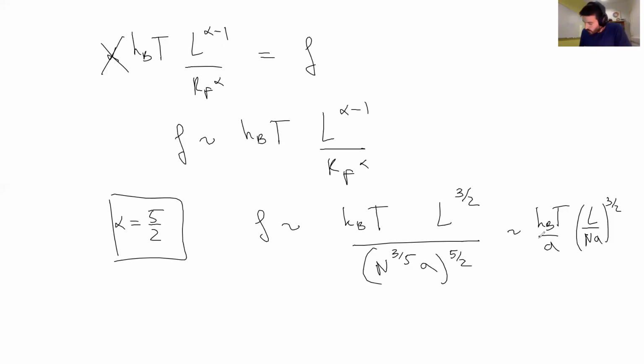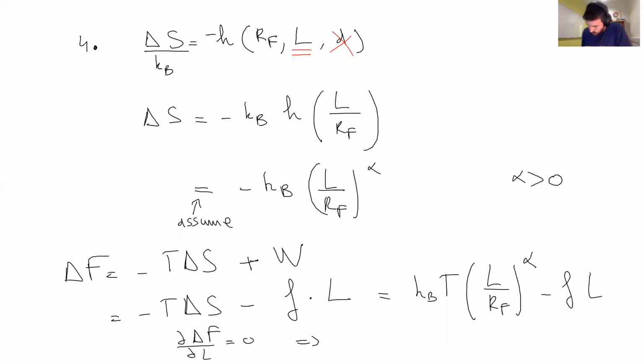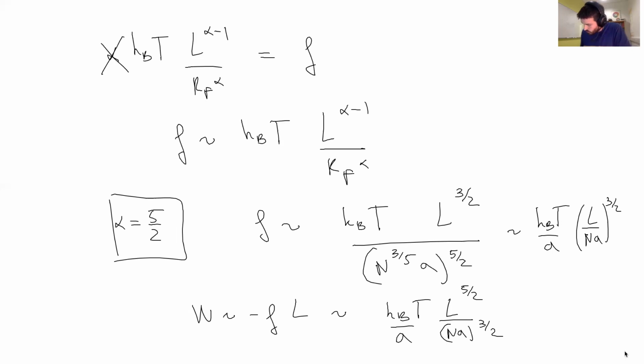Good. So now if F is equal to that, it means that F, the work in terms of scaling, is minus Fl. So it's kBT, I forget the prefactors, the minus in particular, L^(5/2) divided by N a to the 3/2. And that's W. And if I consider this part, minus T delta S, it is also written this way, right?